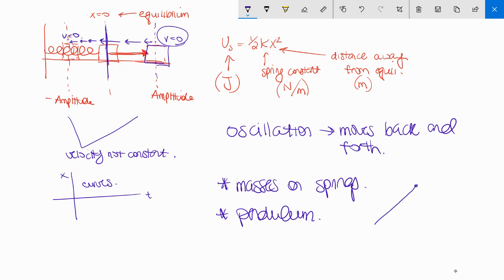So we're going to be talking about a bob that goes back and forth. If you remember in class, I did the bowling ball thing, which, I mean, we barely talked about it, but that's basically a pendulum. Okay, so this is what we're going to talk about. So we're going to get right to the notes.